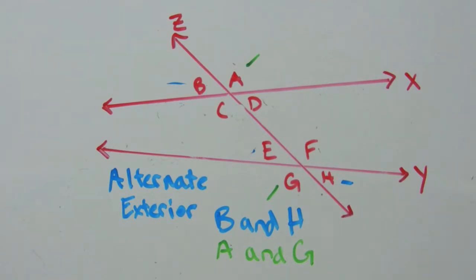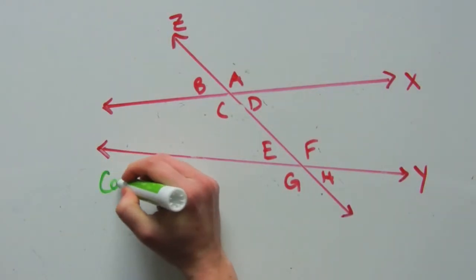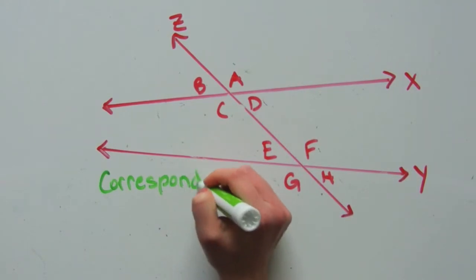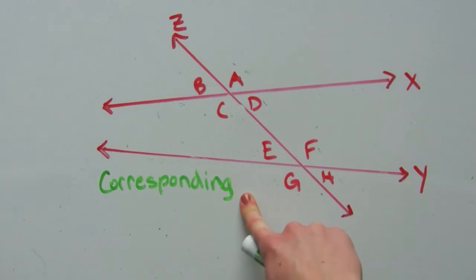Let's go over one more term. The last term we're going to go over is corresponding angles. Corresponding angles is a relationship between the interior and exterior angles.